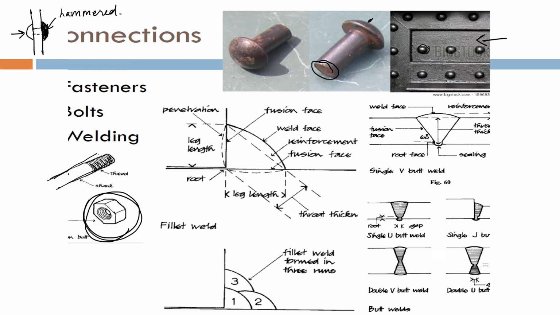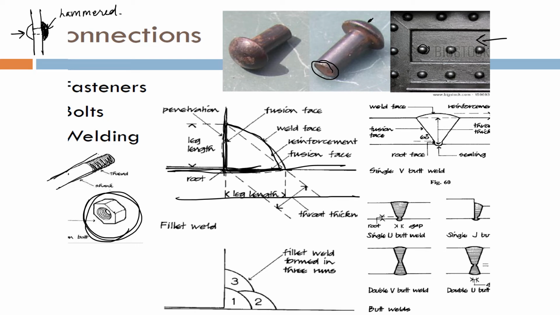These are the different kinds of welding that is done, in which this is one member, this is another member, and you weld here. What welding does is it accumulates a material where the connection needs to be done using heat.